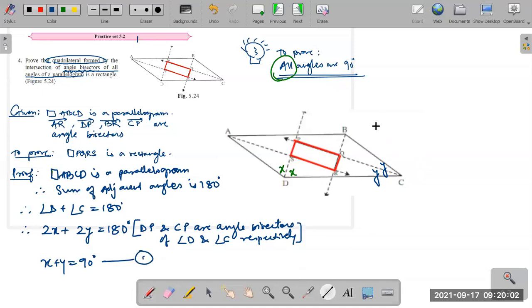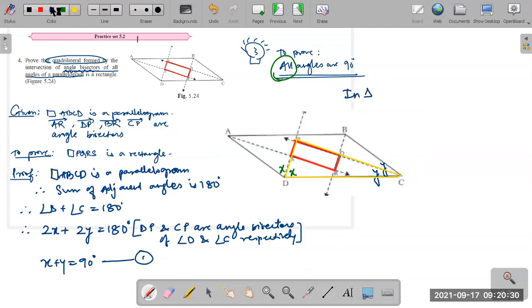Now we are going to use the second property. Which triangle are we going to refer to? If you look at the diagram carefully, you can recollect the properties automatically. To prove that one angle is 90 degrees, I need to consider this triangle and use the angle sum property.